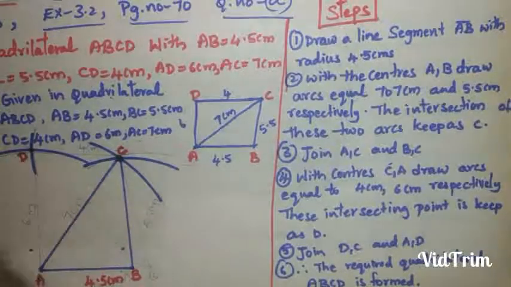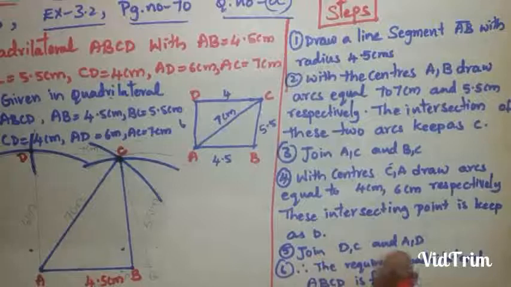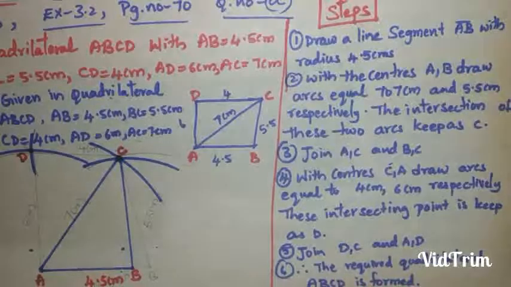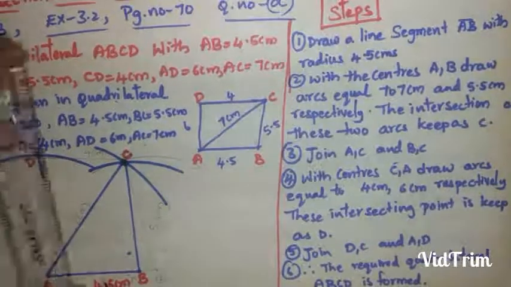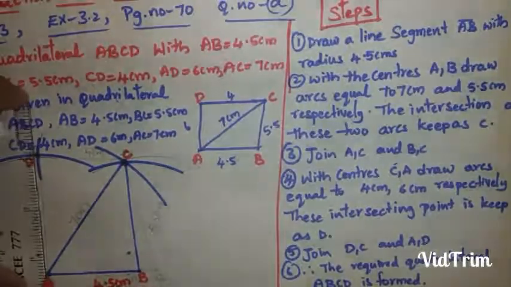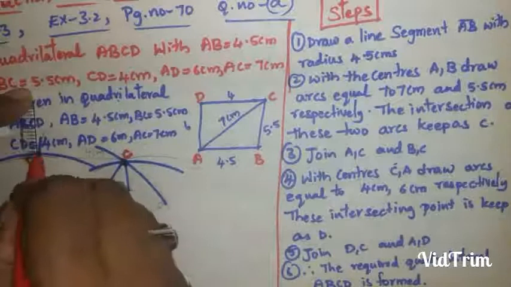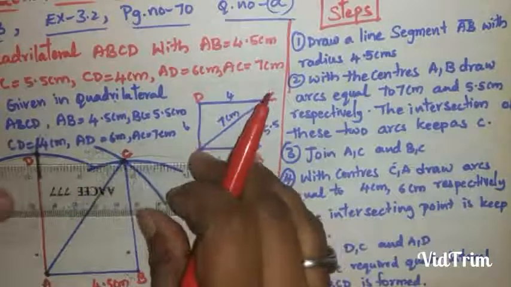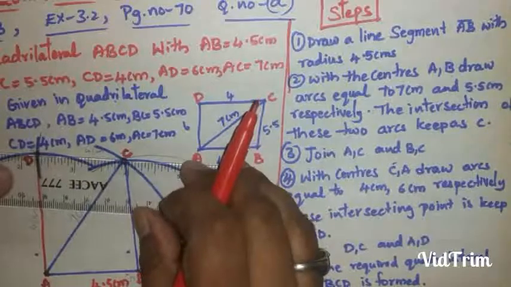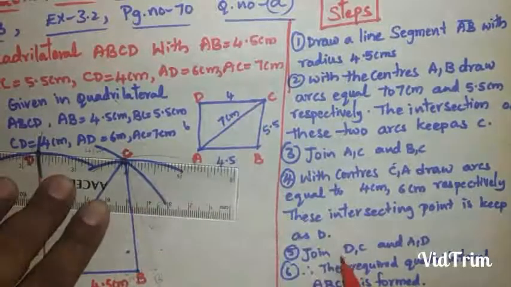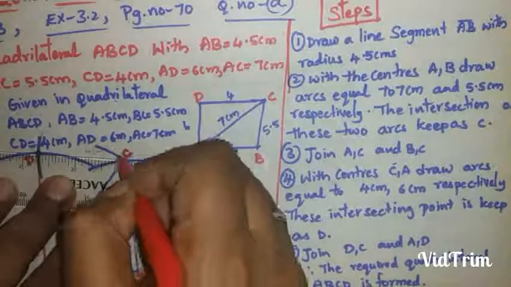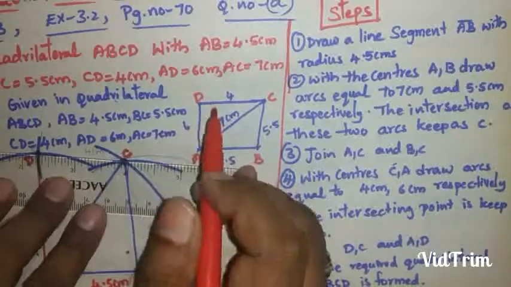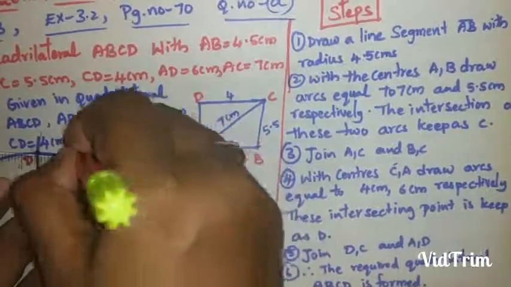Now what we should do? Join DC and AD. From point A to point D, and from point C to point D. Try to join only points.